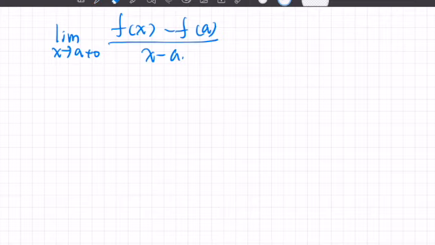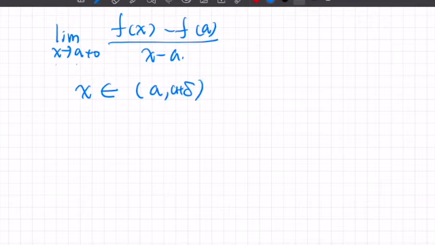So we are moving x towards a, so we can assume that x is close enough so that this x is within this interval, a plus delta.